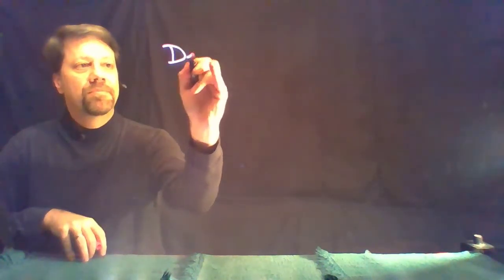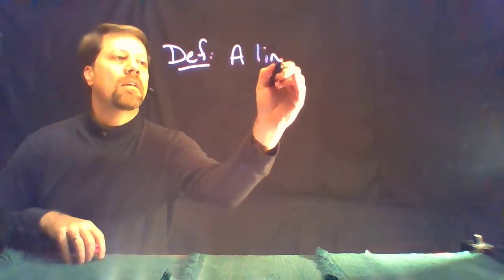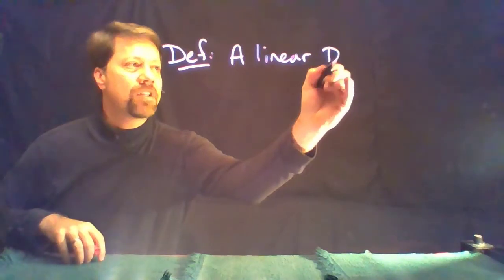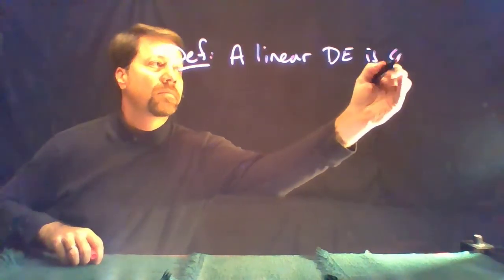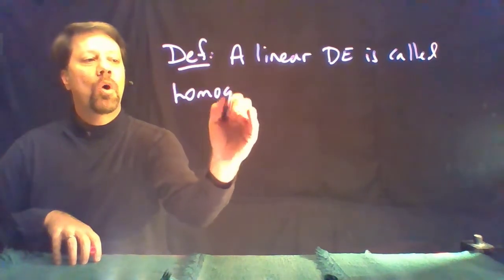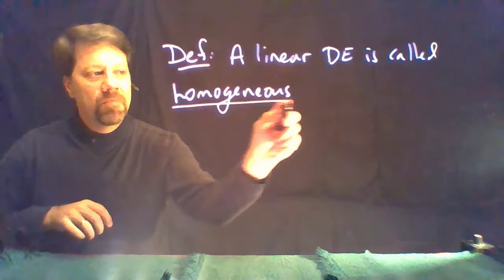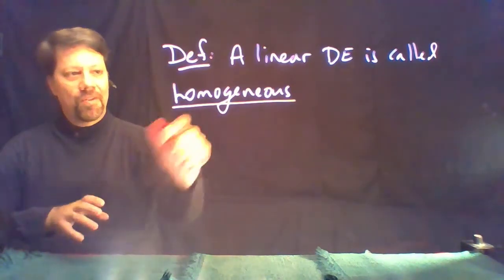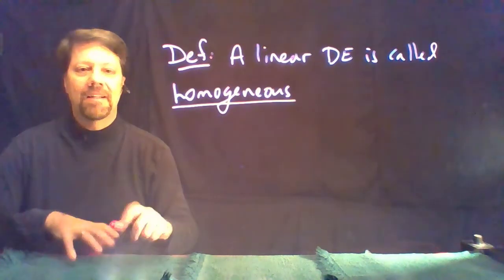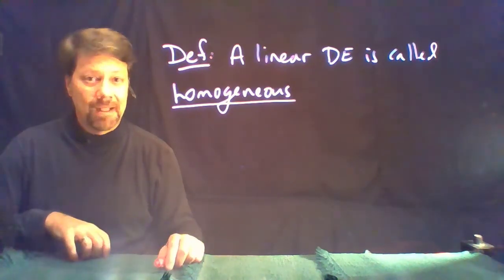Now, the word that we're talking about is the word homogeneous. A linear differential equation is called homogeneous. Now, I've had friends who call this word homogenous, but you don't homogenize differential equations, you homogenize milk.